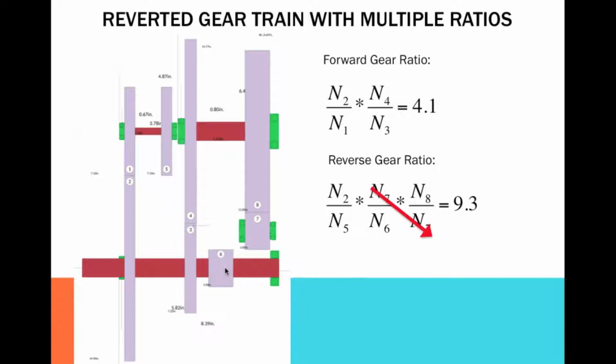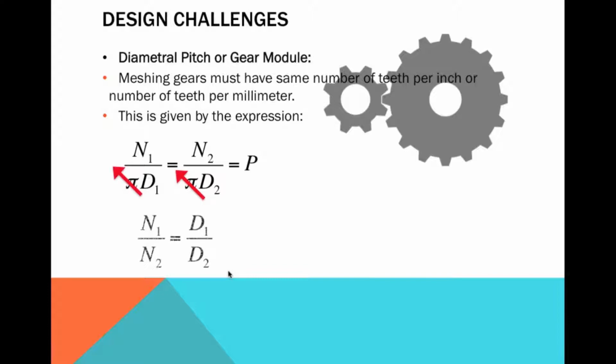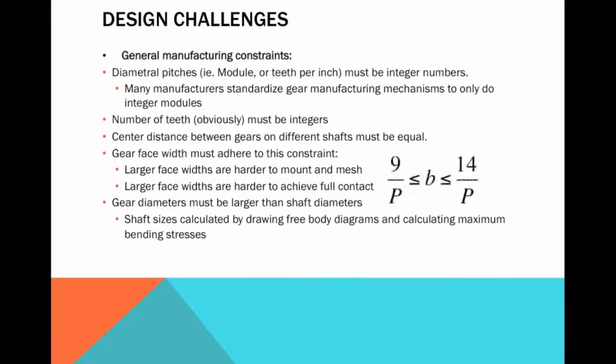It'll be diameter of 6 plus diameter of 8 divided by 2 plus diameter of 7. All of that has to be equal because the center distance cannot change. Otherwise you would have this shaft down here tilt and your gearbox just wouldn't work. So yeah, that's the center distance constraint.